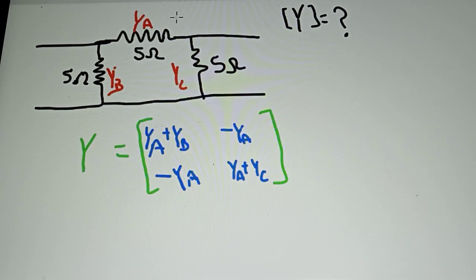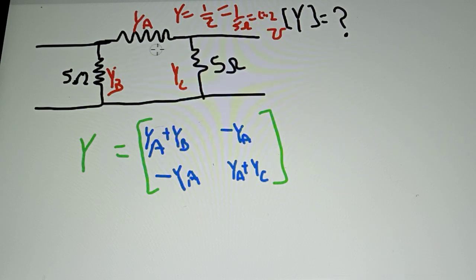We know that Y is equal to 1 over Z. So we have a reciprocal relationship between admittance and impedance. So this impedance we need to convert into admittance, so that will be 1 by 5 ohm, which is equal to 0.2 Siemens. So you can replace these resistors by 0.2 ohm inverse.